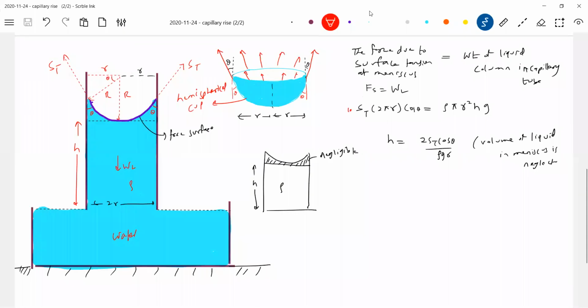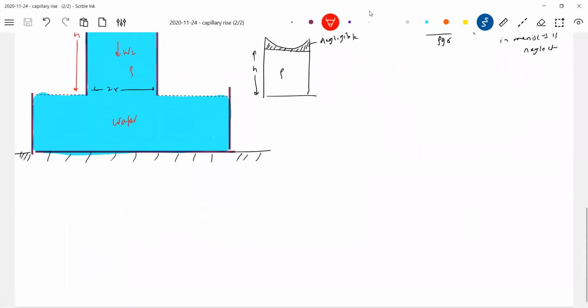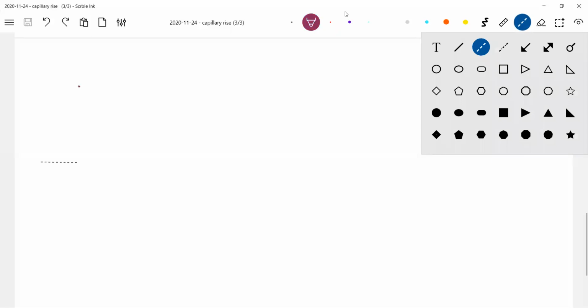Okay, let's bring some small changes here. Now I'll go for some application type of problem. Let me draw all the pipes first.